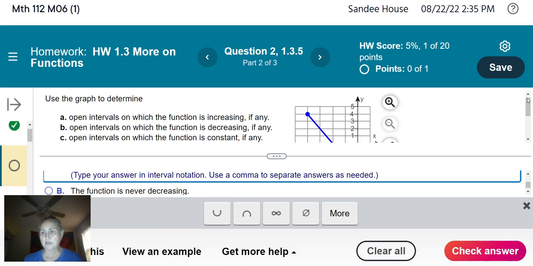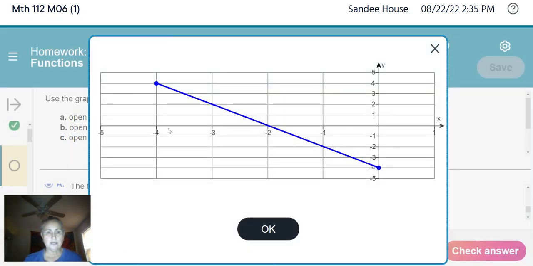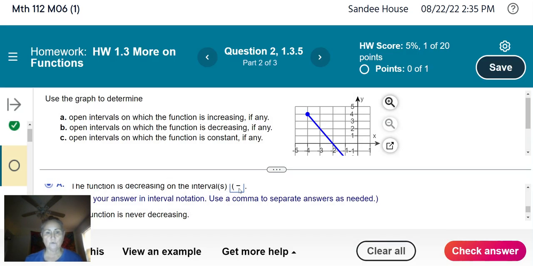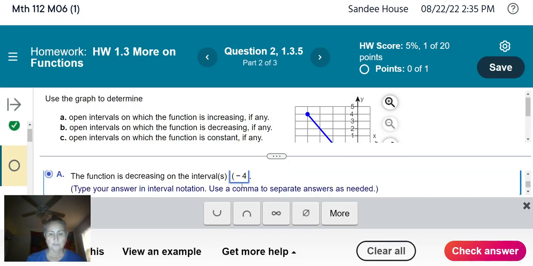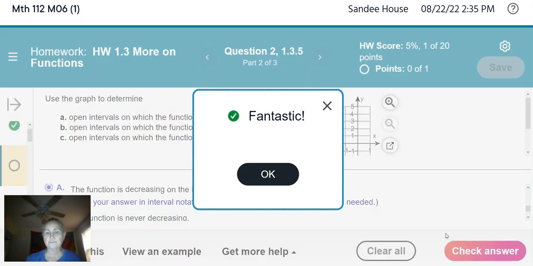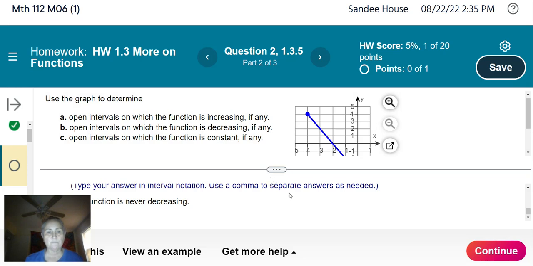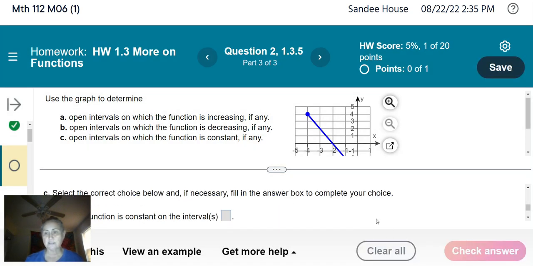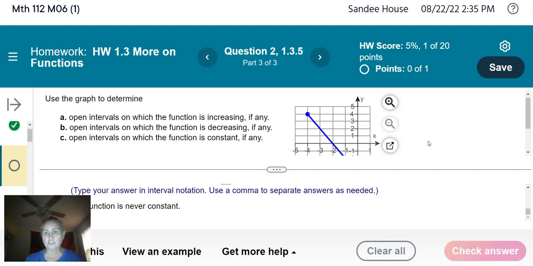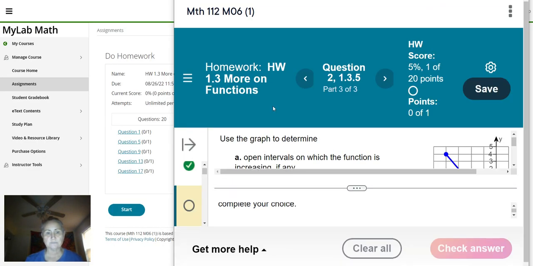It was from -4 to 0 on the x. So -4 to 0. Got those parentheses there, and I didn't use a y value. And the function's never going to be constant. So we're going to select the function is never constant.